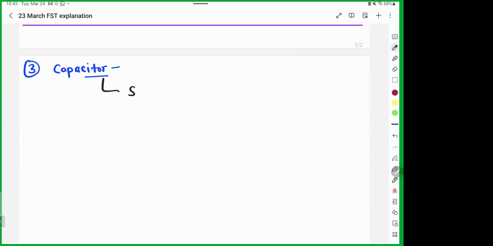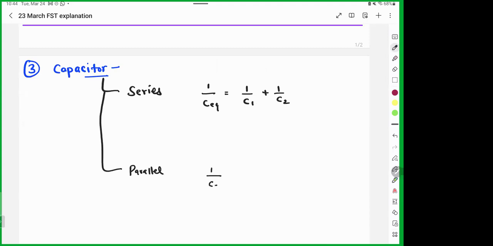In case of series combination, your equivalent capacitance will be equal to 1 by C1, 1 by C2. In parallel, it will be simple addition. It is simple addition, sorry. Equivalent capacitance is C1 plus C2.